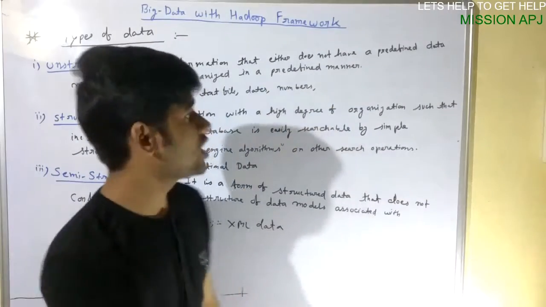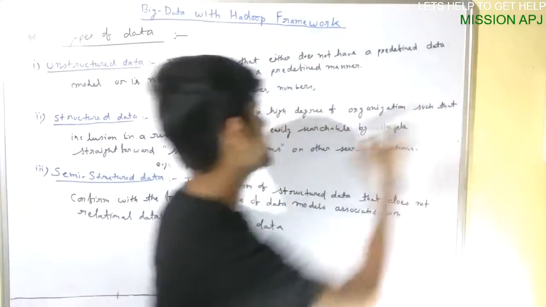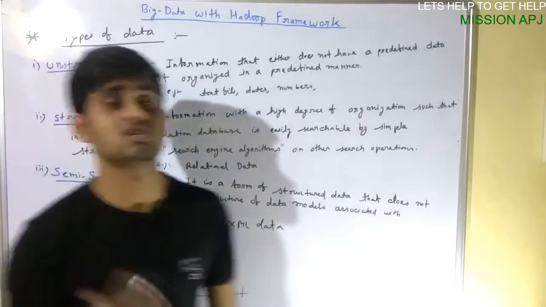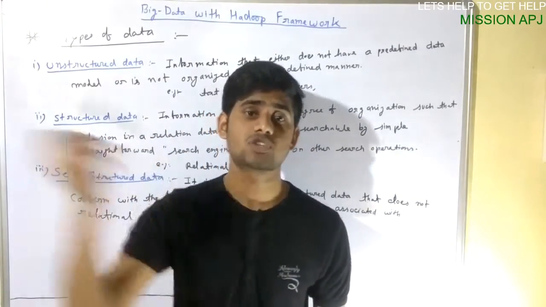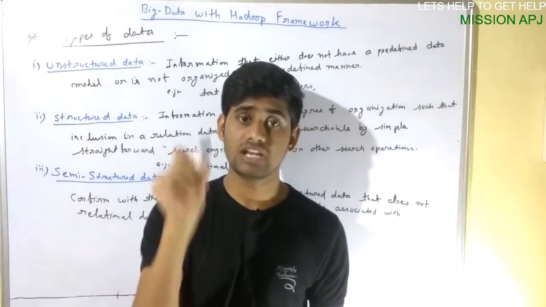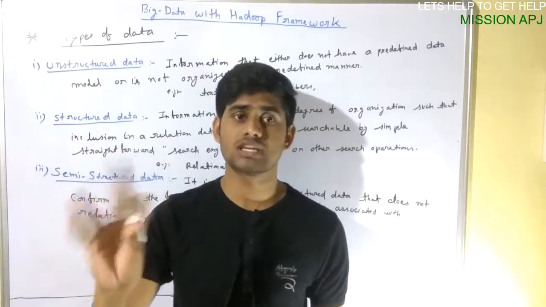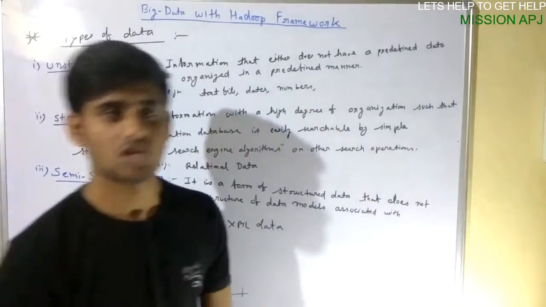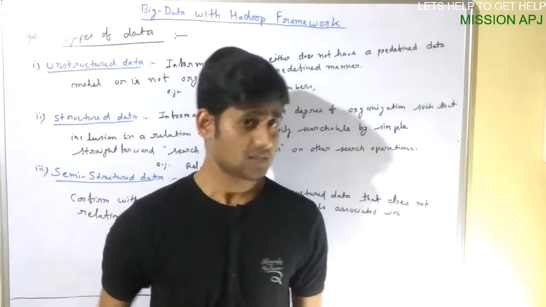So it has a high degree of organization, such that inclusion in a relational database is easily searchable. When we want to search for the name of the student, we have the tag name and Sunil. With these two things, with a tag, we can search easily by some algorithm and any operation. So it's nothing but structured data.